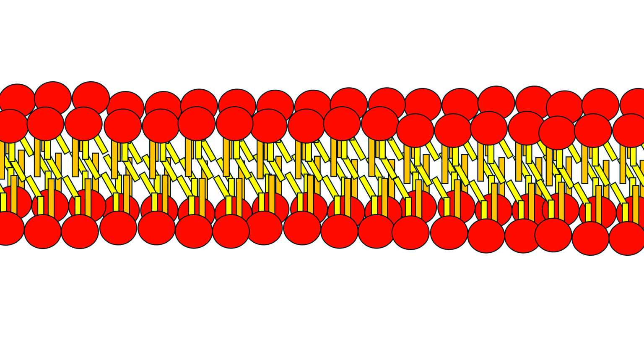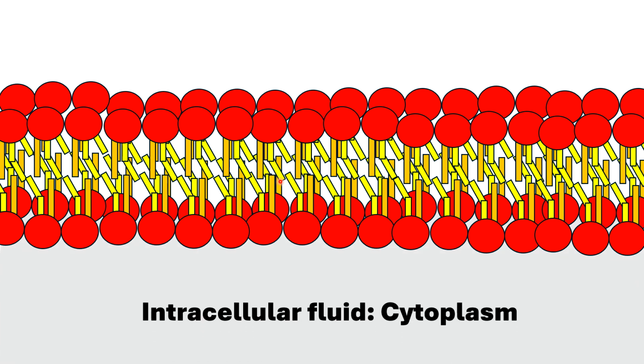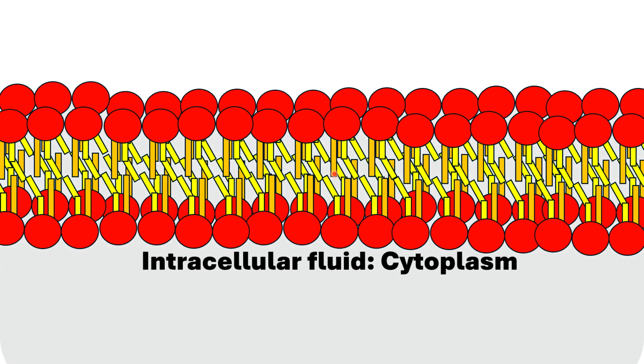Now, as I've said before, the head is hydrophilic, it's polar, and the tails are hydrophobic, non-polar. This means that the heads will be facing out and the tails will be inside.